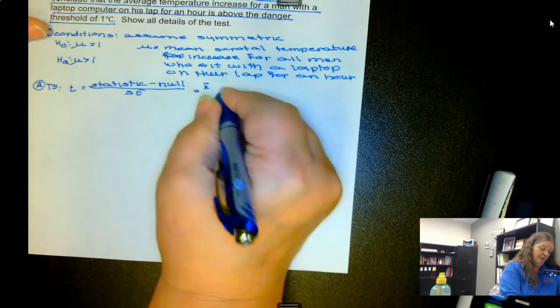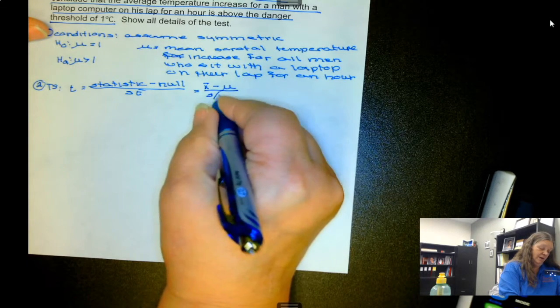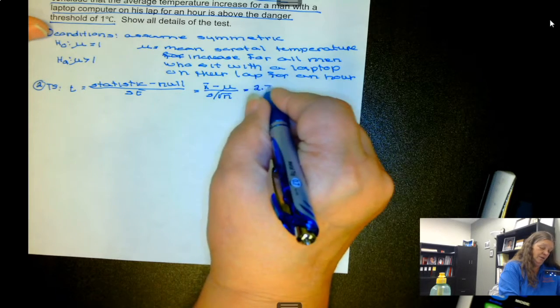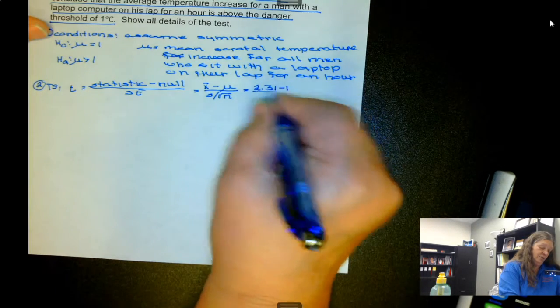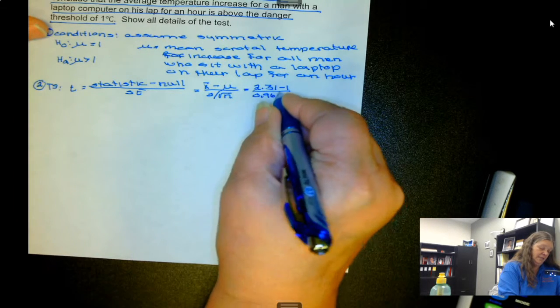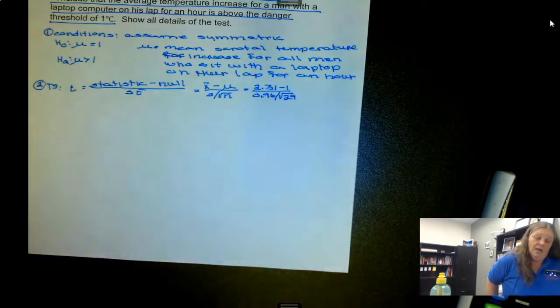Well, first we have x bar minus mu over s divided by square root of n. So we have 2.31 minus 1 over 0.96 divided by square root of 29.